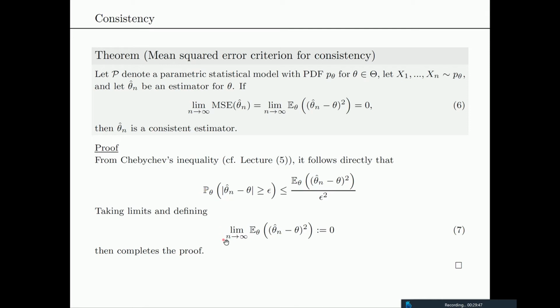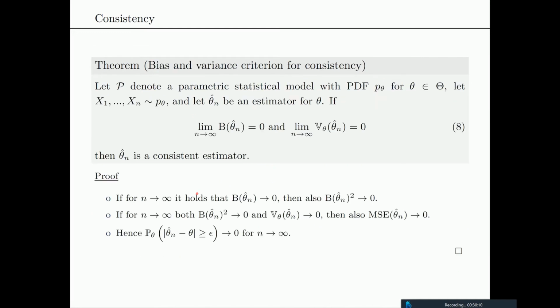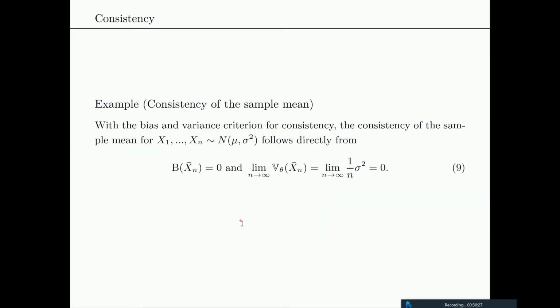So if you have the mean squared error going to 0, then by Chebyshev's inequality this event that there's a deviation is in the limit 0. Now if the mean squared error goes to 0, of course this implies that the bias goes to 0 and the variance goes to 0. This is briefly written up here. That's fairly straightforward.